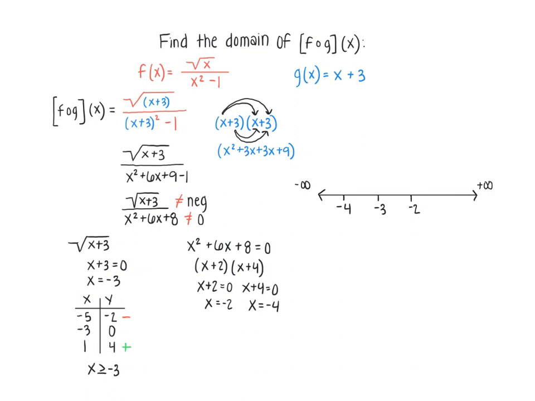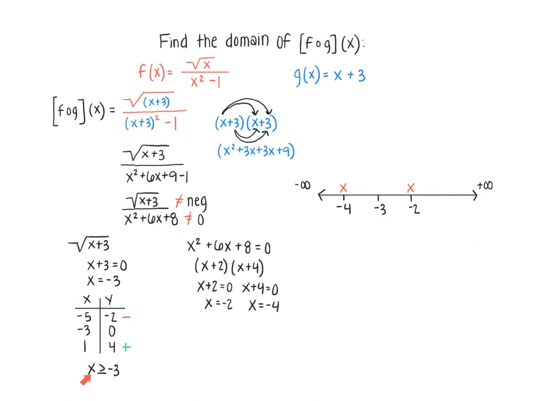And now we have to include some symbols on our number line to help us out. So remember we said we cannot equal negative 2 and we cannot equal negative 4 because that's going to make my denominator 0. So I'm going to put little x's over those values. So I cannot equal negative 4 and I cannot equal negative 2. And then we're also going to include our inequality right here.